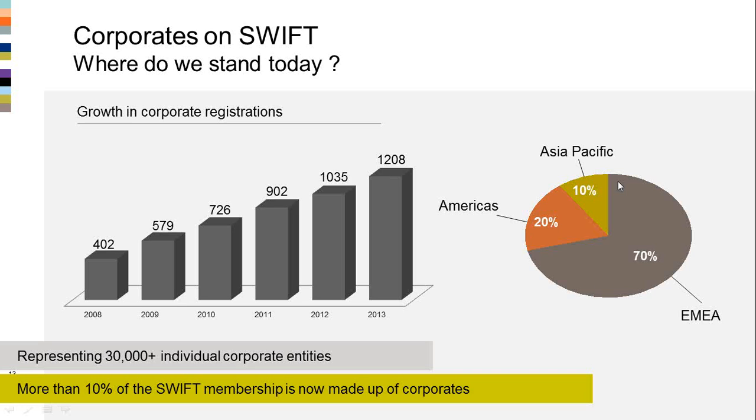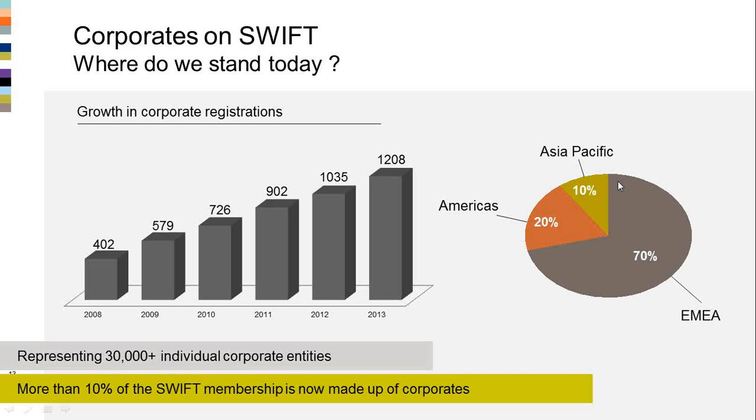The slide does rather give the impression that the Americas and Asia Pacific are lagging behind a little bit, or at least that SWIFT is not so popular there. Actually, that's not true at all. All the time we are signing up very impressive new corporates in the Americas as well as in Asia.